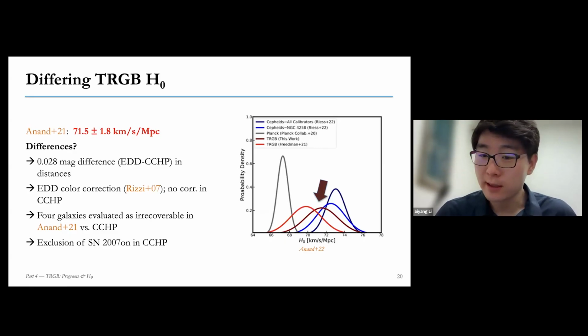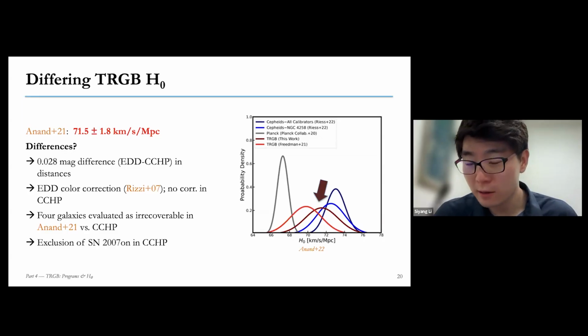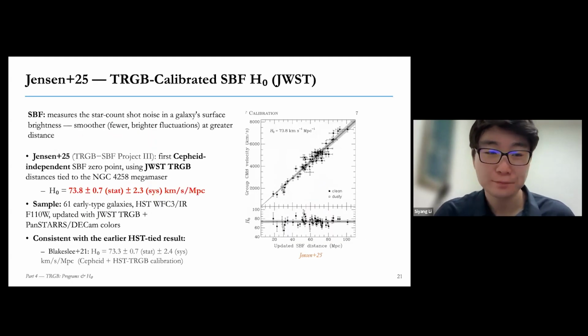So it's important to note that there are many different ways you can measure the TRGB, with different pipelines and different measurement approaches. While CCHP, in one major group, does find a lower H naught, there are also other groups that find a little higher H naughts that are more consistent with the local values, for instance, H naught from Cepheids.